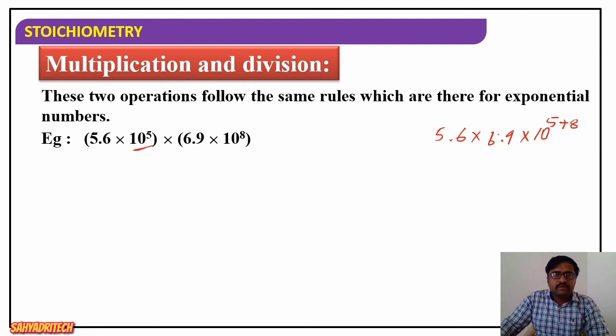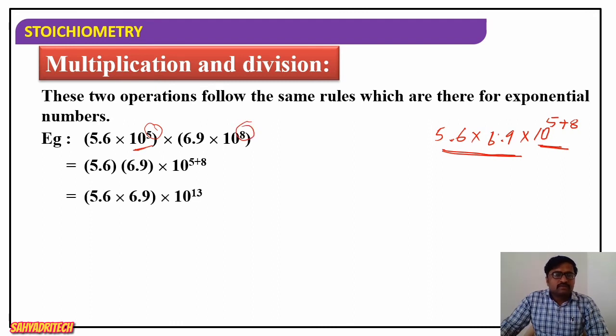Means here the coefficients are multiplied and the exponents are added. Please remember, while going for multiplication, the coefficients are multiplied while the exponents are added with one another. So 5.6 into 6.9 and 10 raised to 5 plus 8.